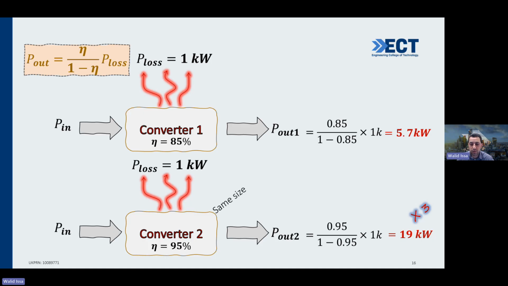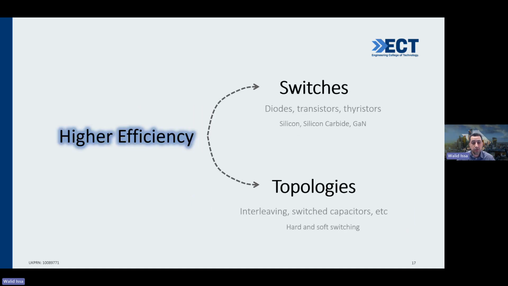And that's why we fight to increase the efficiency 1% or 2% for a converter. So our goal as power electronics engineers is to bring the efficiency higher. How do we do that? We have 2 routes. The first route is to look at the switches. When I say switches, I mean diodes, transistors, thyristors.